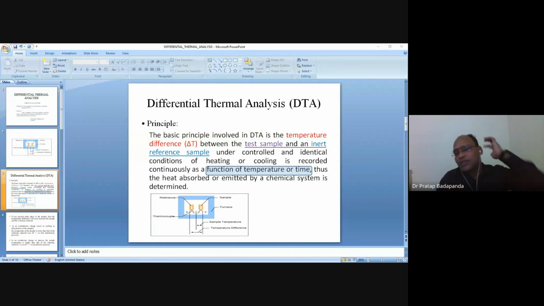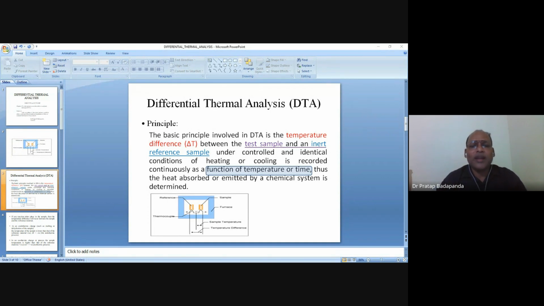When the temperature is applied, you have to note the nature of the substance, whether the temperature rises in case of the sample or decreases. I gave one example: if the initial temperature is 20 degrees, and after passing through, the temperature is 50 degrees, the difference is 30 degrees. That should be calculated. Maybe the temperature increases or decreases, that does not matter, but you have to identify the change in temperature.